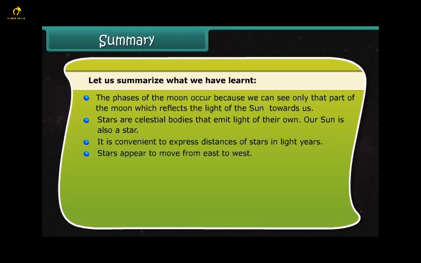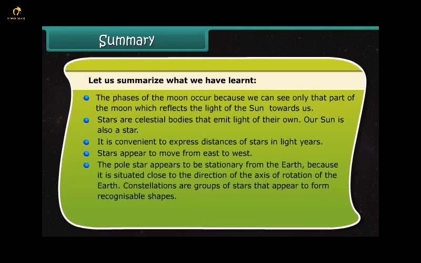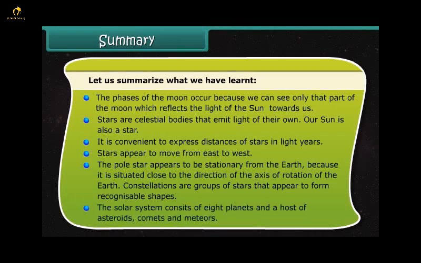Stars appear to move from east to west. The pole star appears to be stationary from the Earth because it is situated close to the direction of the axis of rotation of the Earth. Constellations are a group of stars that appear to form recognizable shapes. The solar system consists of 8 planets and a host of asteroids, comets, and meteors.